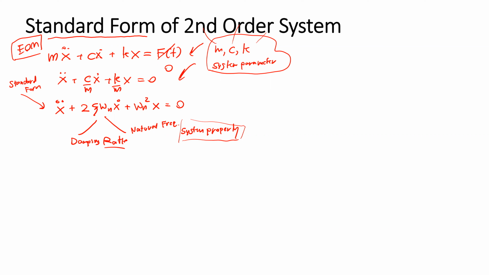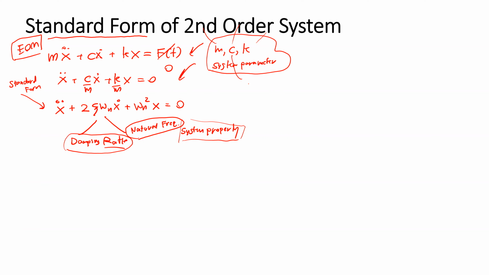Only two important variables indicate the system properties: the natural frequency omega n and the damping ratio.